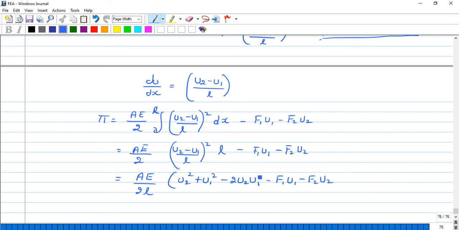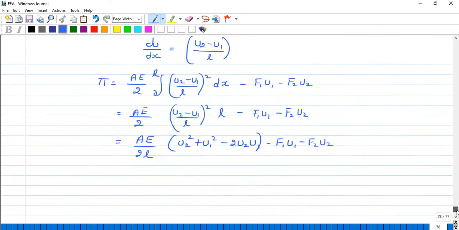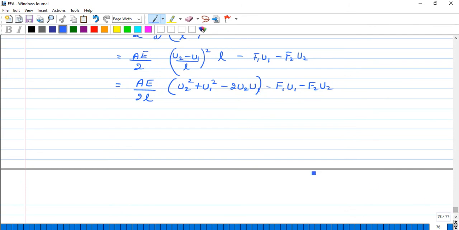So now the next step is we need to minimize this particular equation, that is, minimize the potential energy functional. So this is the potential energy functional.